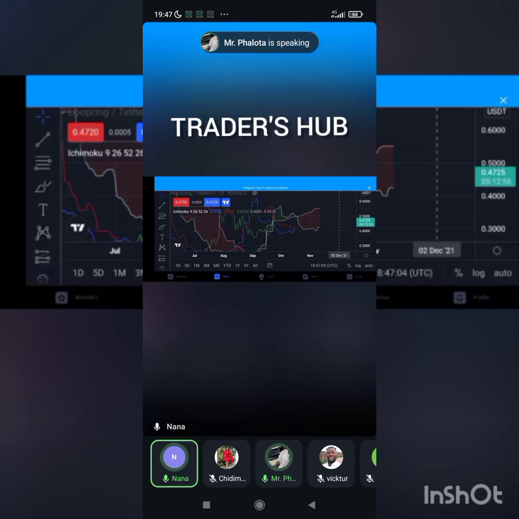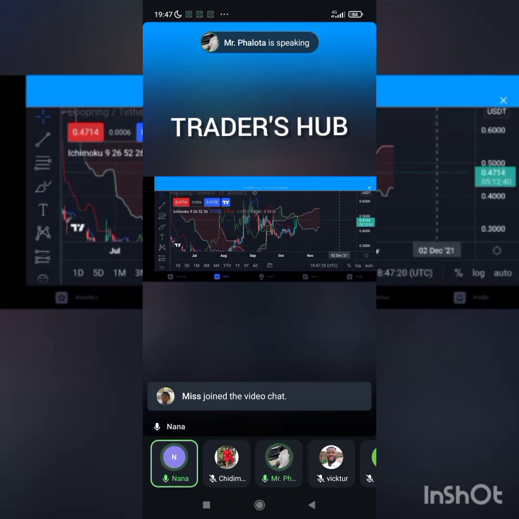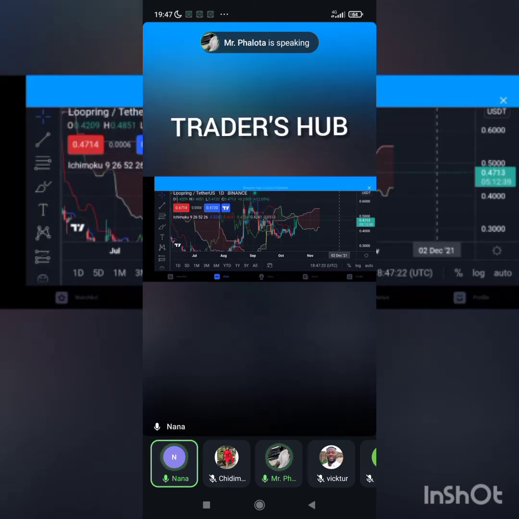So as I was saying, I was trying to explain the Ichimoku cloud. Sorry for the little inconvenience. Like the LRC coin, currently, if you look at it, the last candle, the green candle, is just below the Ichimoku cloud.